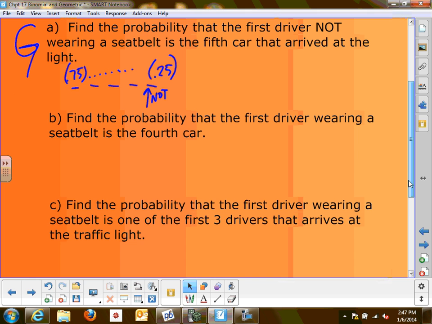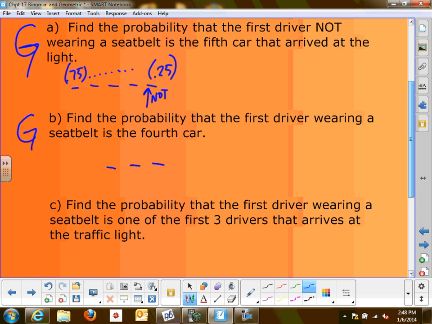B. Find the probability that the first driver wearing a seatbelt is the 4th car. So is this geometric or binomial? It's geometric because I know the order. Geometric knows the order because I'm saying the first car.